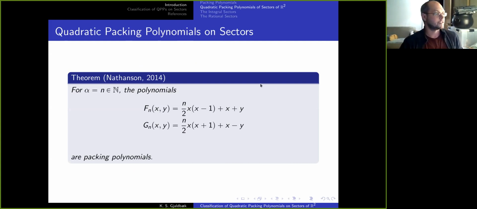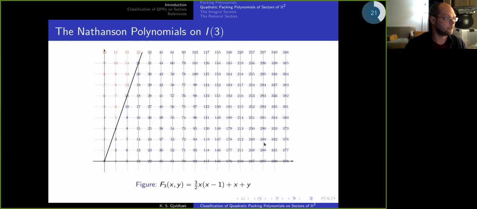If you look at sectors with alpha being an integer, these sectors are not equivalent to the original problem. And Nathanson comes up with two polynomials for each such sector, f and g. If we plot f on the sector with alpha equals 3, you see that something similar is going on still.